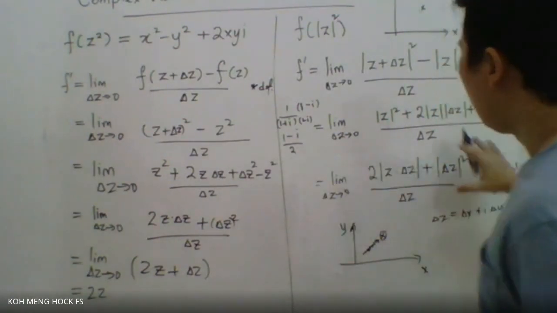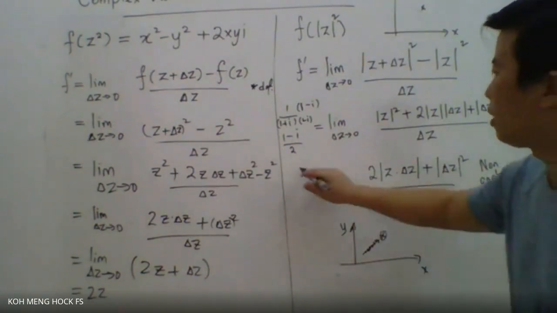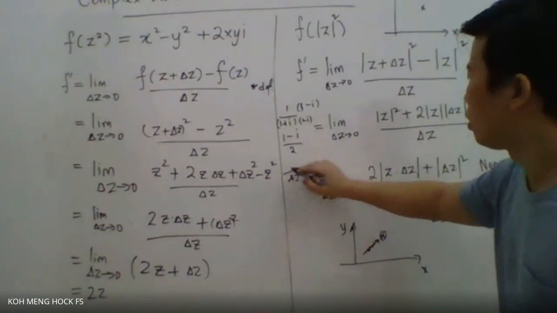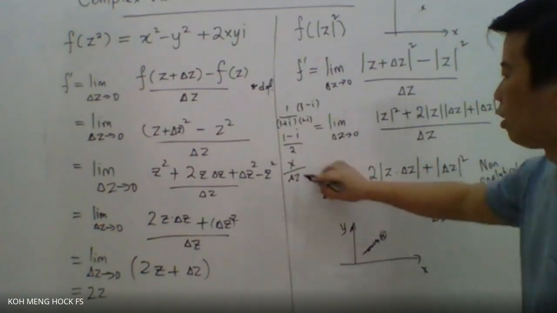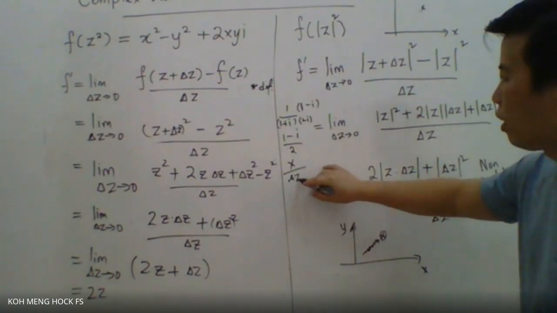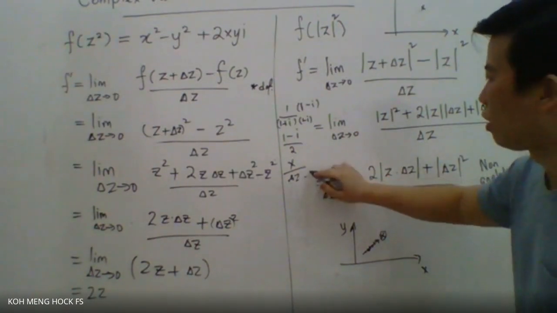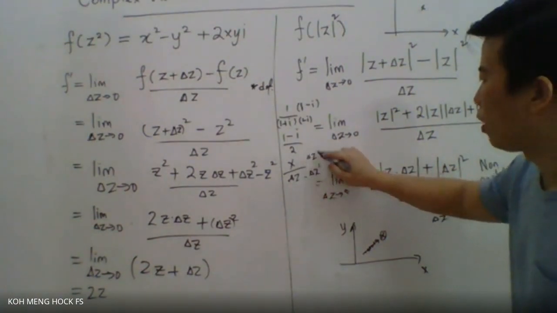Now your denominator is not 2, but it's delta z. So you have a function where, let's say, this is a real number, so let's put this as normal x only. Now delta z you have to multiply by the conjugate, and here you have multiplied by the conjugate as well.